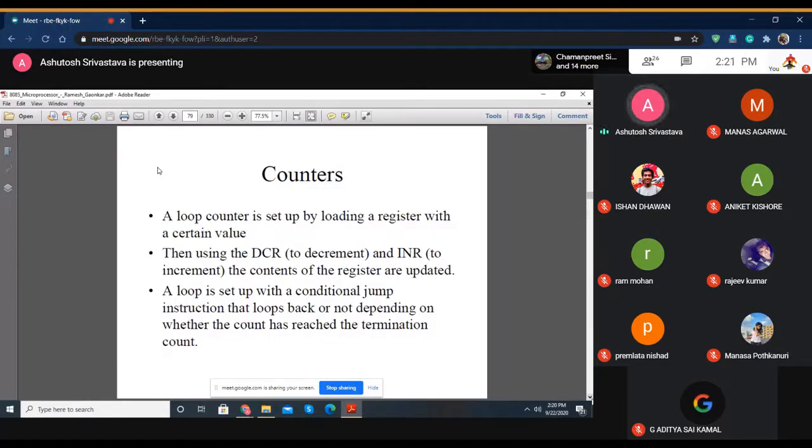Okay, so basically what it means is that this loop can be set up to have a conditional jump, and the instructions are executed sequentially until and unless the conditional count is fulfilled, is satisfied.